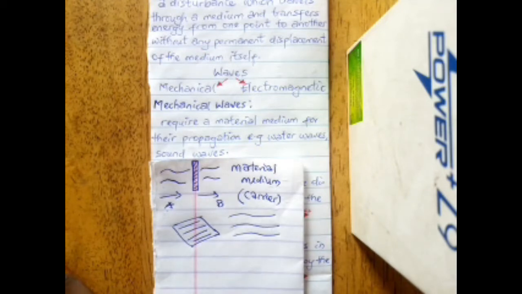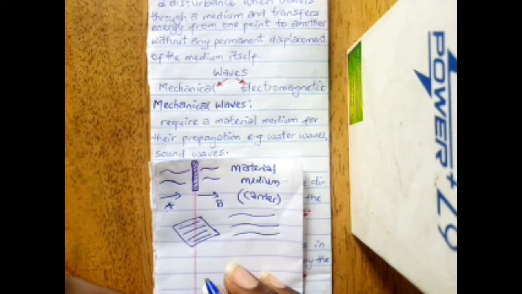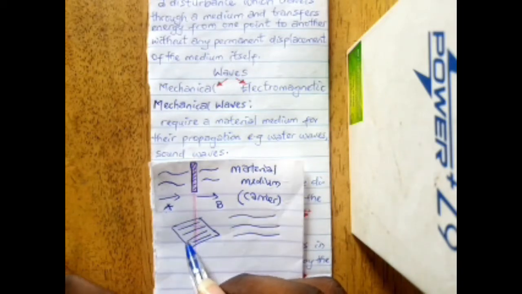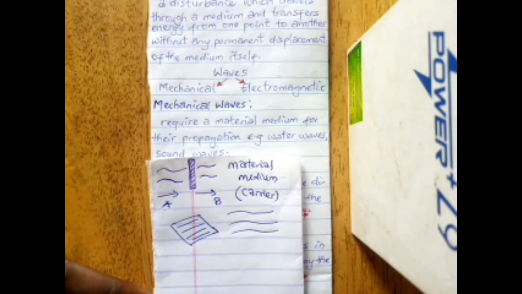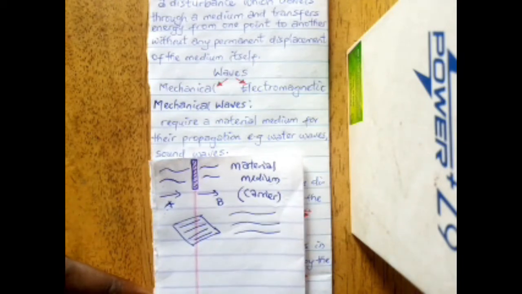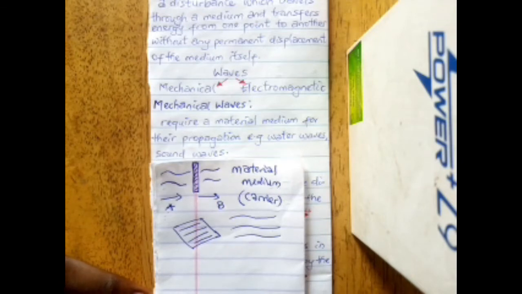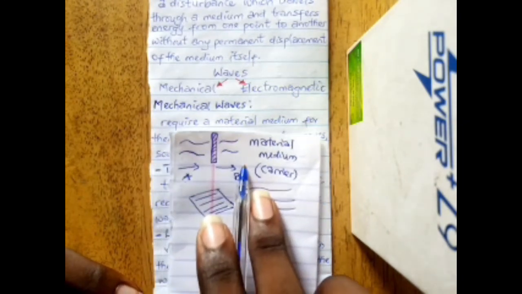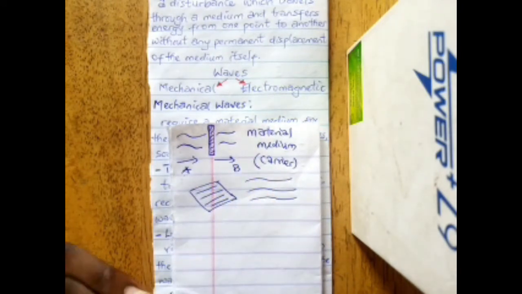Mechanical waves, an example of which is water waves, require material mediums for their propagation. Water doesn't just move in, let's say, the atmosphere, compared to electromagnetic waves. They require a particular medium for the propagation of their waves.